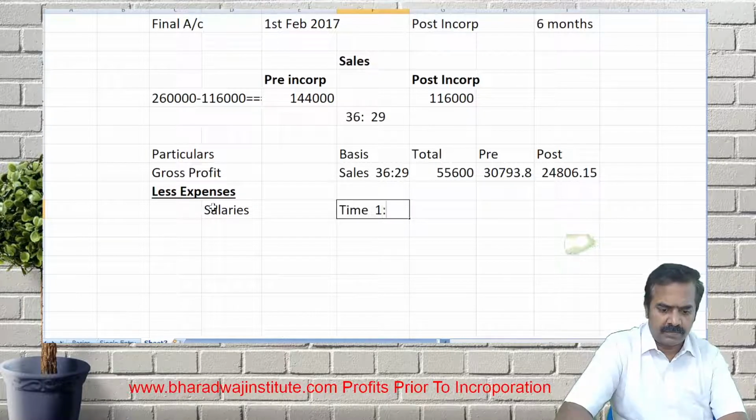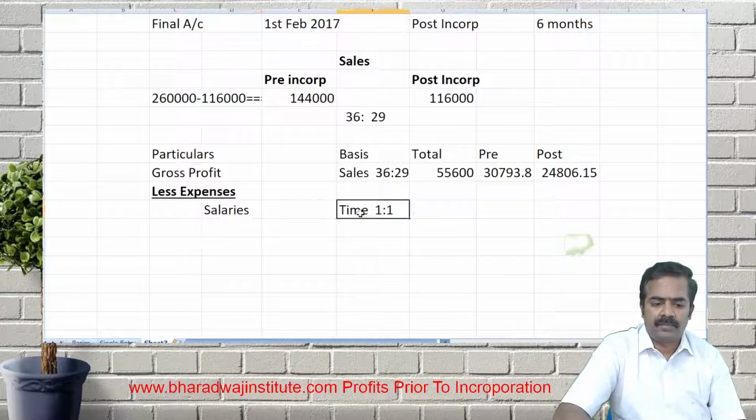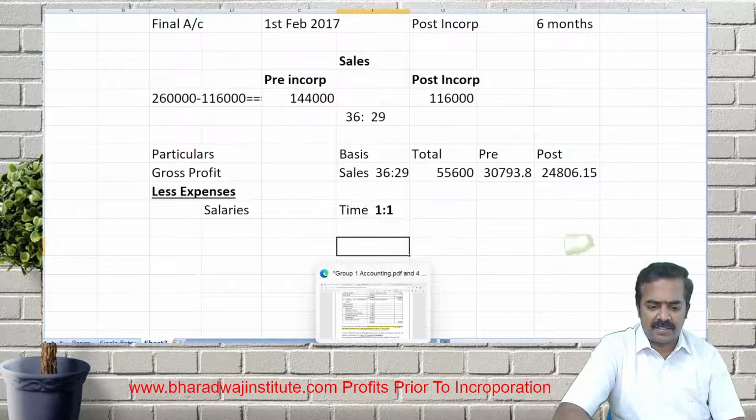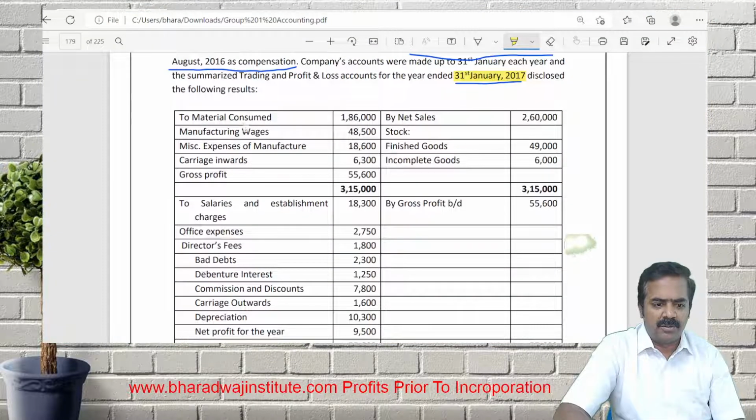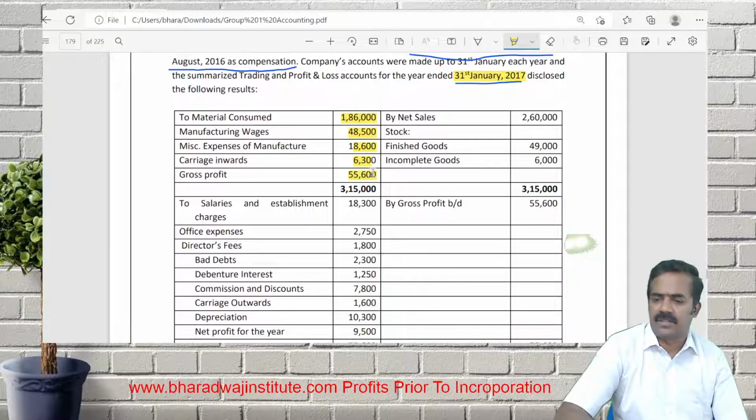Sir, trading account expenses are going. Sales ratio, they started. Even if you put it that way, you get the same answer, because we are going to do material consumed, manufacturing expenses, miscellaneous expenses, carriage inwards, all in which ratio are we going to apportion? Sales ratio. So automatically gross profit will be in which ratio? Sales ratio.